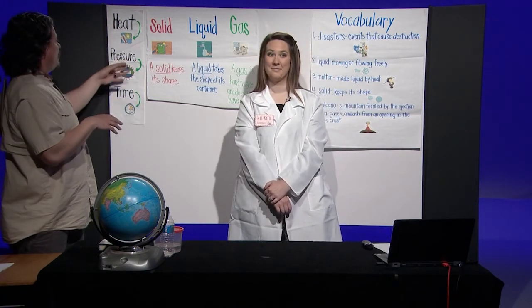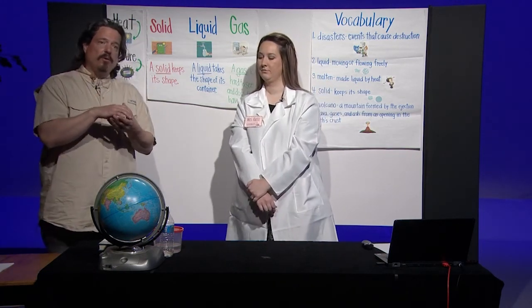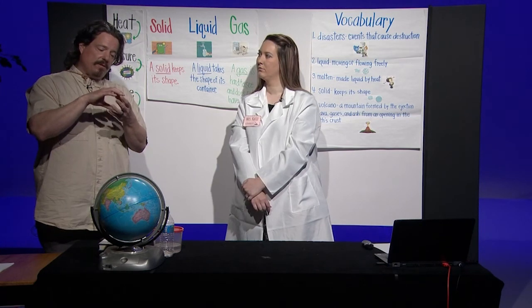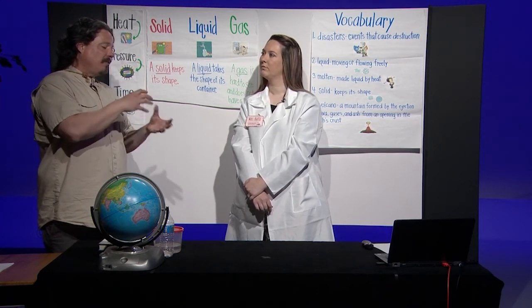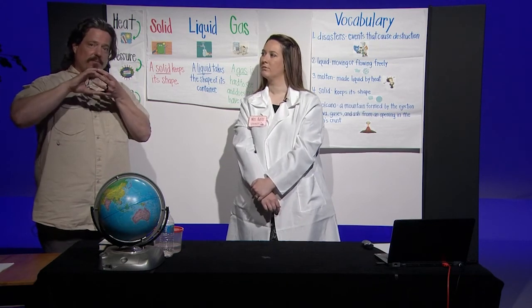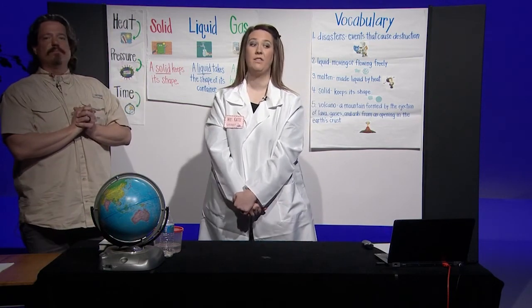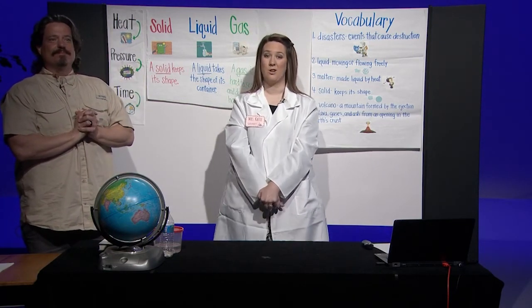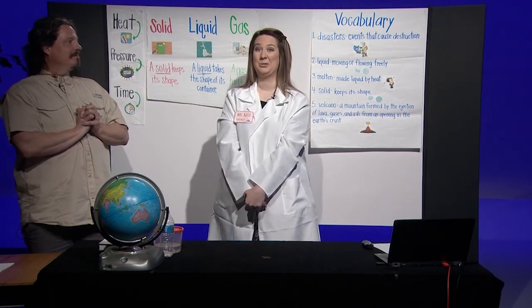So if the outer core is still a little bit liquid, I do remember you saying that the inner core, which is even deeper into the center of the Earth, is under so much pressure that even though the metal is melted, it still doesn't get to flow because it's being pressed so hard by the weight of the Earth around it. That's exactly right. So at home, if you said the inner core is like a solid metal ball, like he said, you are exactly right.